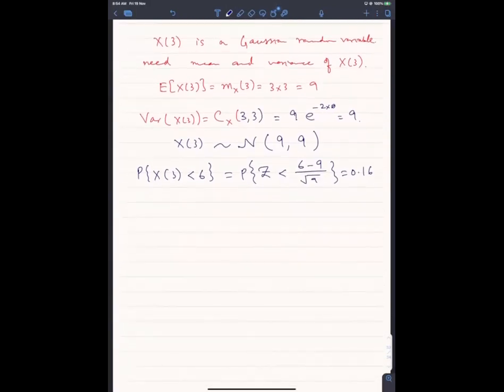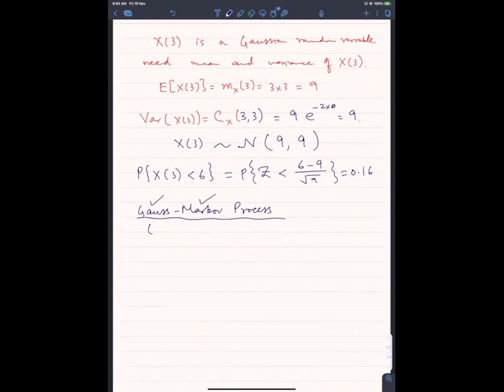I am going to talk about another process which is derived from the Gaussian random process. It's called the Gauss-Markov process. This is a process which is a Gaussian random process, and it is also a process with Markov property.